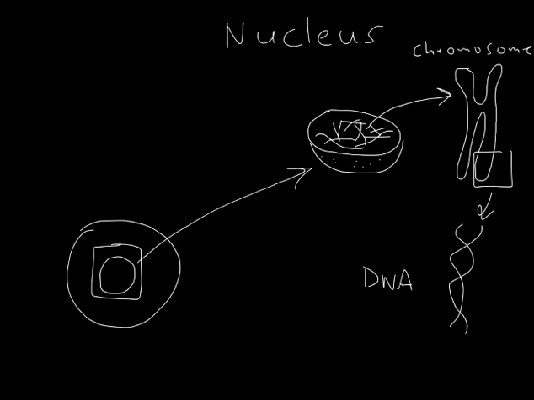There are 46 chromosomes in human body cells and 23 in human sex cells. Along with DNA, the nucleolus, made out of proteins and RNA, plays a role in protein synthesis.